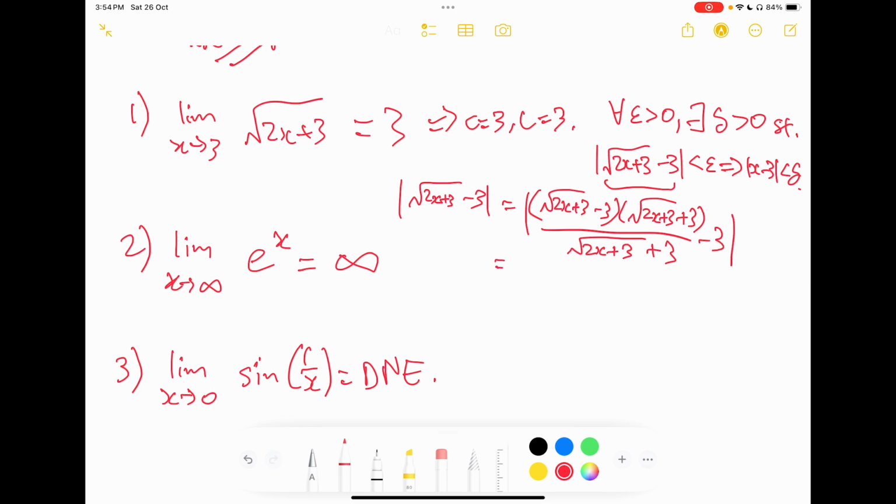So we get 2x plus 3 minus 3 squared, 2x minus 6, divided by this minus 3. Sorry, there's no minus 3. So what we notice is that we get 2 times x minus 3, which is what we're trying to find.